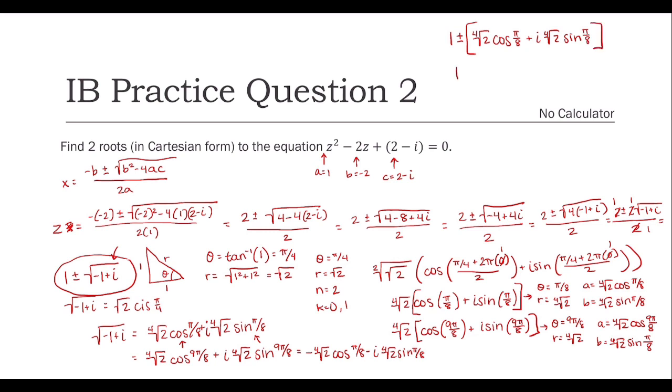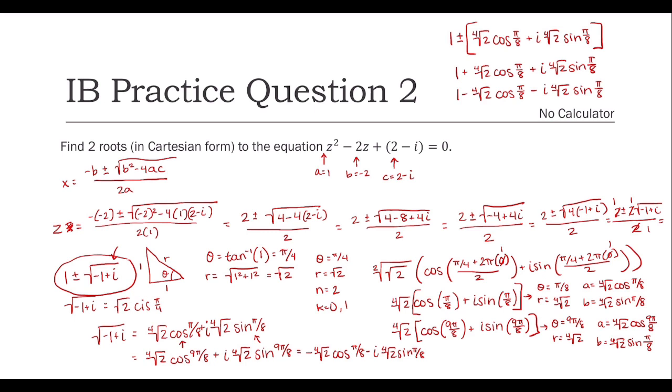So that's 1 plus the fourth root of 2 cosine pi over 8 plus i fourth root of 2 sine pi over 8. And that's also 1 minus the fourth root of 2 cosine pi over 8 minus i times the fourth root of 2 sine of pi over 8.